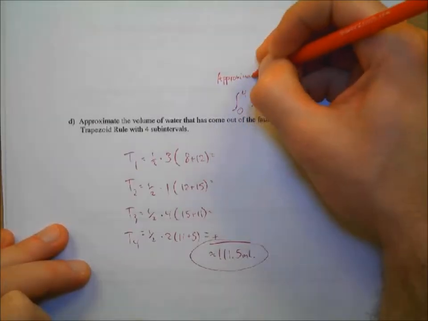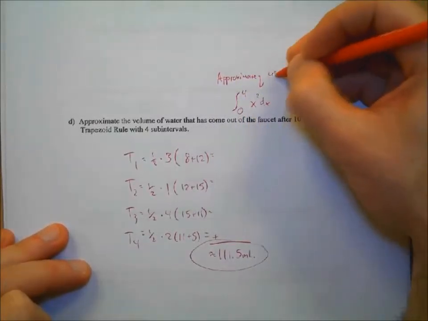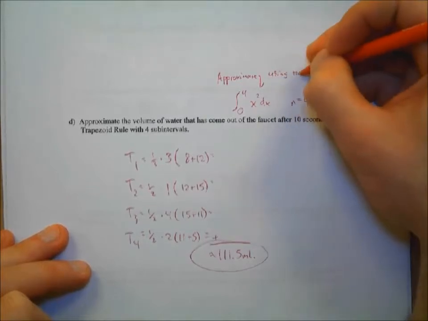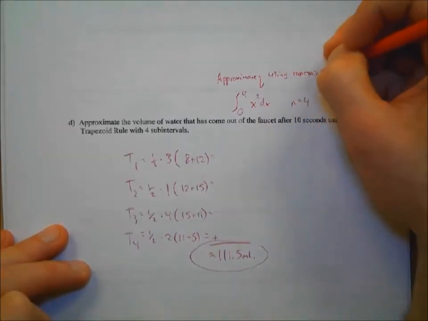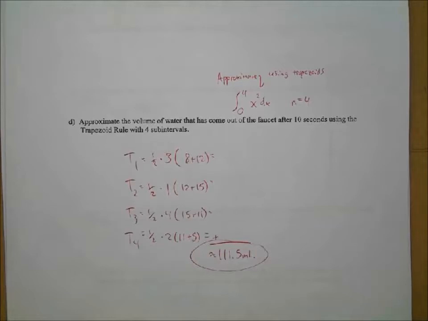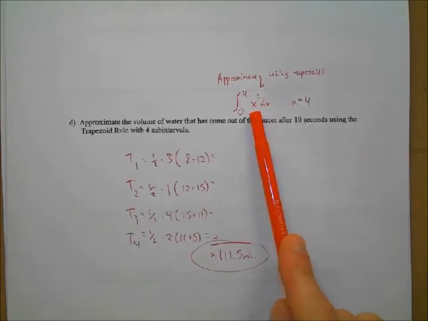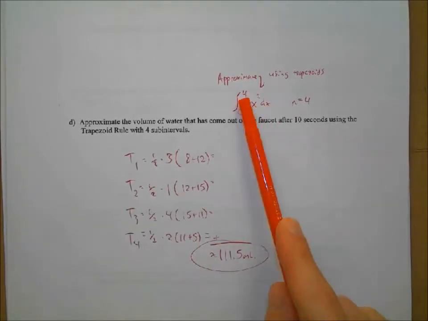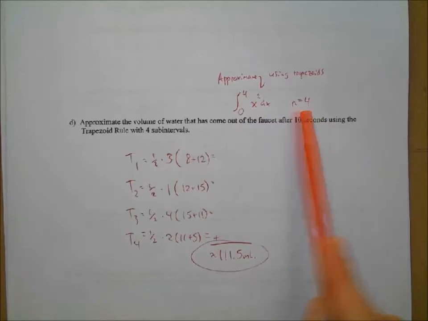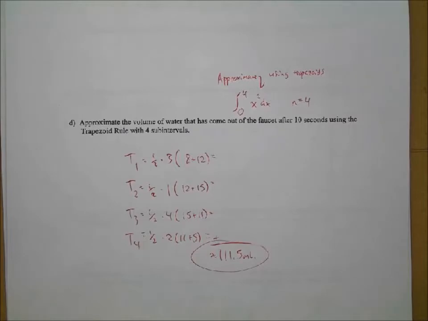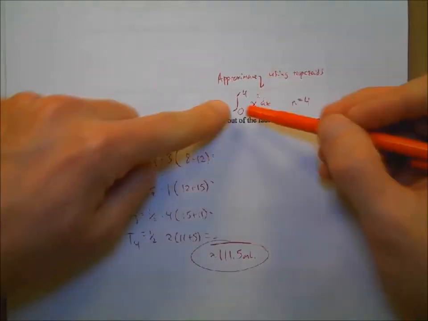They're going to ask you to approximate using trapezoids or something like that. And so what this is saying is approximate the area under the curve of x squared from 0 to 4 for the interval 0 to 4 in 4 trapezoids, right? That's what that's asking you to do for your homework.